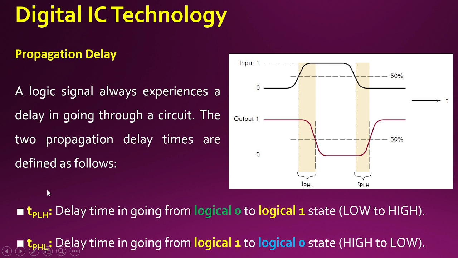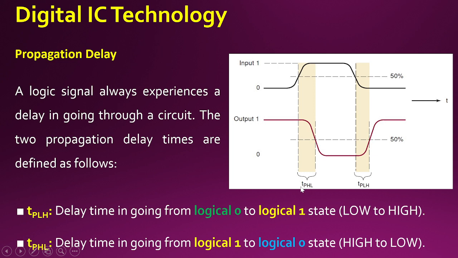So in propagation delay, when a particular circuit is given an input, what is the time duration it takes to respond to it? Here we can see we have already provided an input, but this output is taking a finite amount of time to respond to that input.